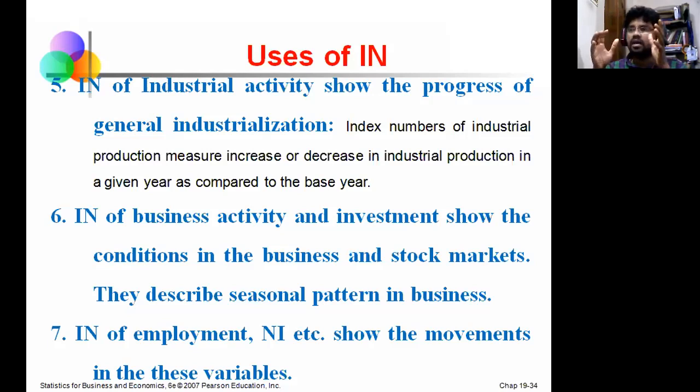So the index number is closely related to, or can be used in, business activity as well as investment. For example, see how much investment takes place from 2010 to 2020 or 2017 to 2020 in particular stocks.